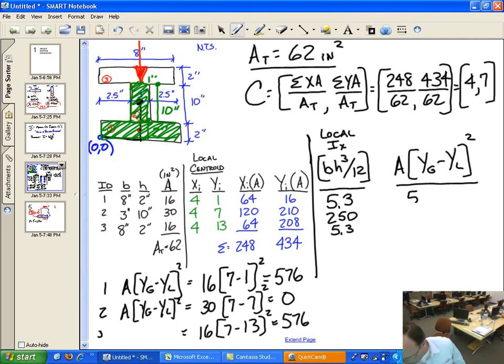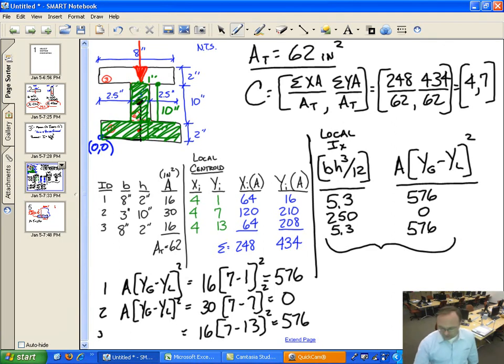So we got 576, 0, 576. And you can see in this case, we got a lot more contribution to resistance from the two flat areas because we separated them out in a distance away from the center.